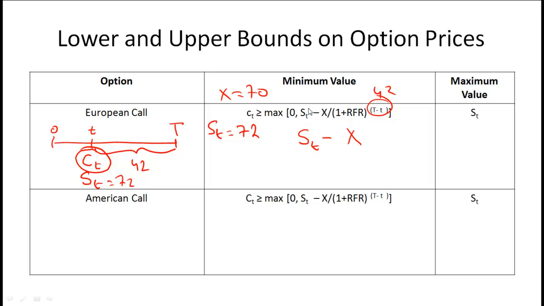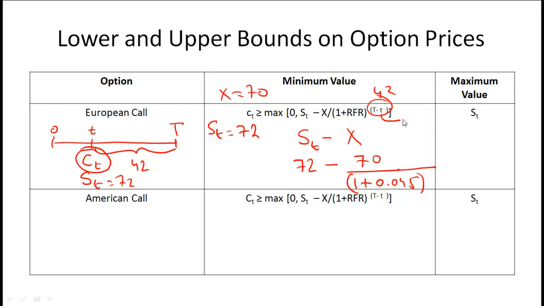So if we plug into this formula, what we are saying is ST is equal to 72. So 72 minus X, our strike price, which is given as 70, divided by 1 plus the risk-free rate. We are given that the risk-free rate is 4.5%, so we have 0.045, and then raised to the power of T minus t.